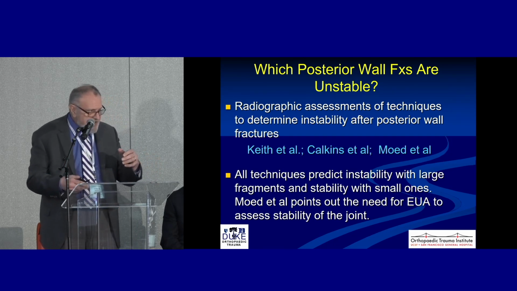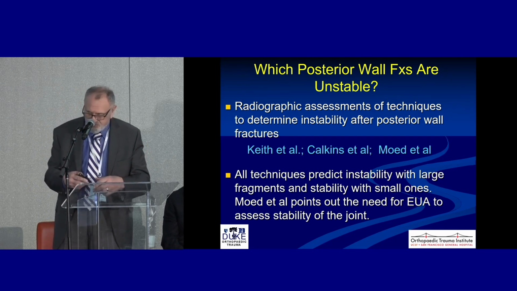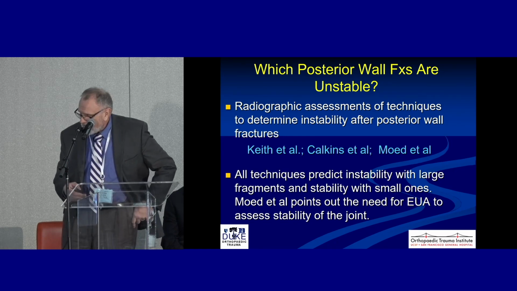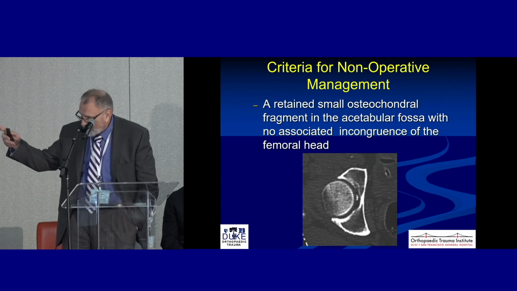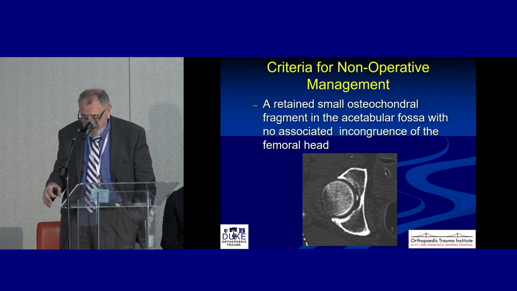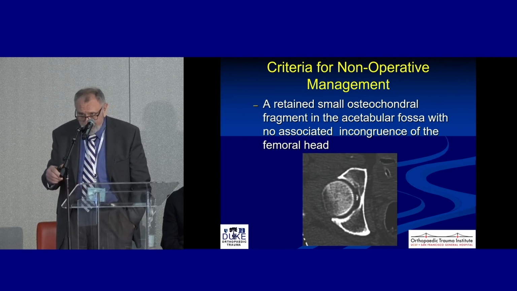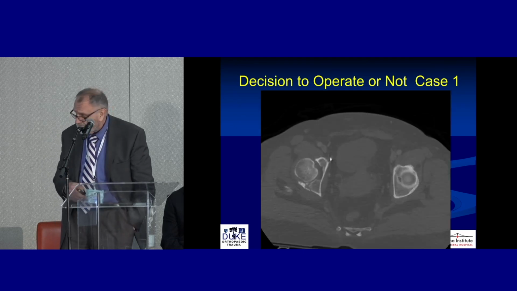Depending how you measure it, the numbers for what's big and small vary, but you get the idea that you need to think carefully about this. So they all predict instability with big pieces. Now, if you have a retained intra-articular fragment like this little white thing in the middle of the joint where the joint is perfectly congruent, that's okay. Oftentimes, that'll be a remnant of a little chunk of bone that's perhaps pulled off on a ligamentum teres. But if the joint's stable, that can be okay.